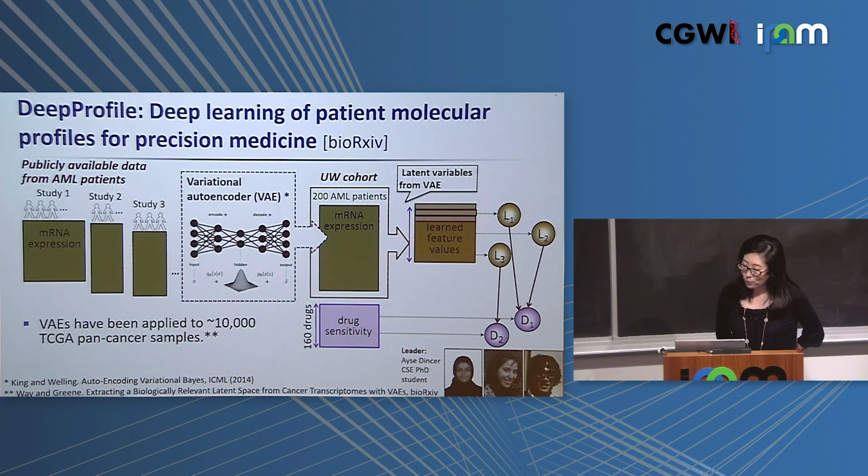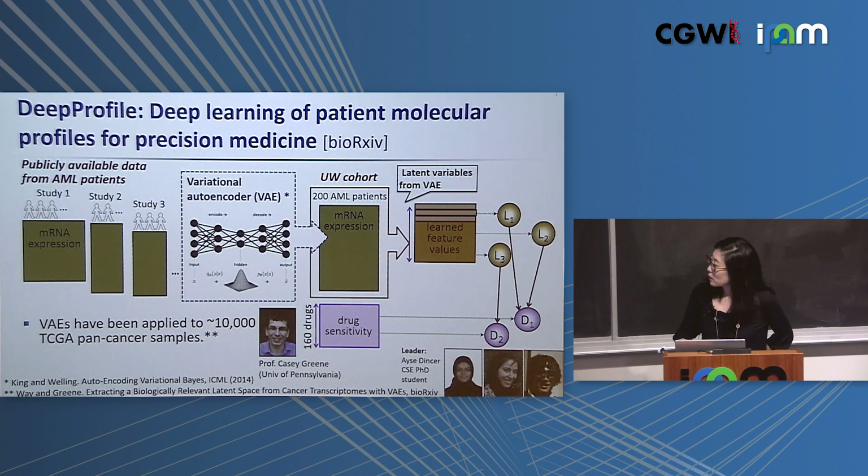So we use many gene expression data sets from AML patients and apply a variational autoencoder and then use these latent variables. We tried many numbers and found that 10 is a good number in terms of prediction performance. And then we use these learned features to predict drug sensitivity.